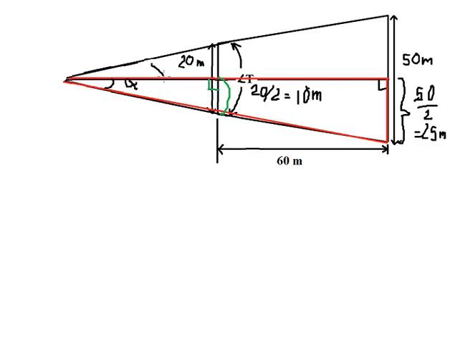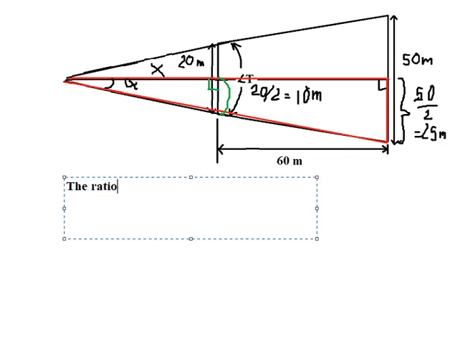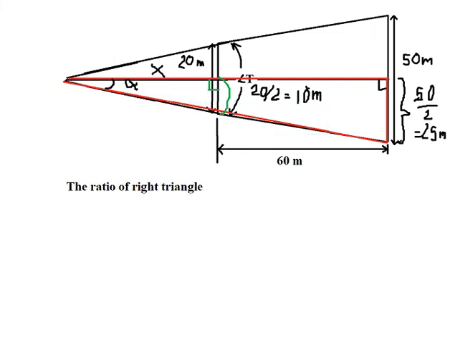S. So now we can use the ratio of right triangles. So we will have S over 10 equals S plus 60 over 25.